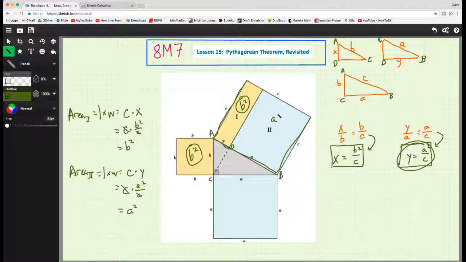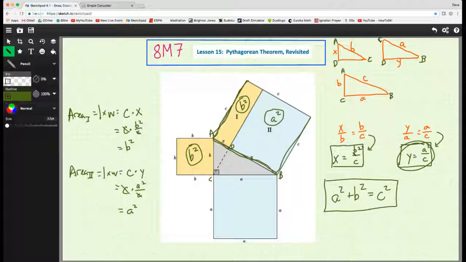So this is equal to A squared. So clearly, B squared plus A squared, if B squared is the yellow and A squared is the blue, clearly A squared plus B squared is the area of that square, but so is C squared. So A squared plus B squared equals C squared.